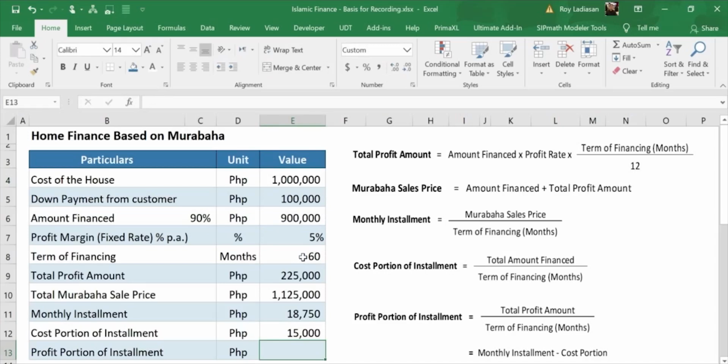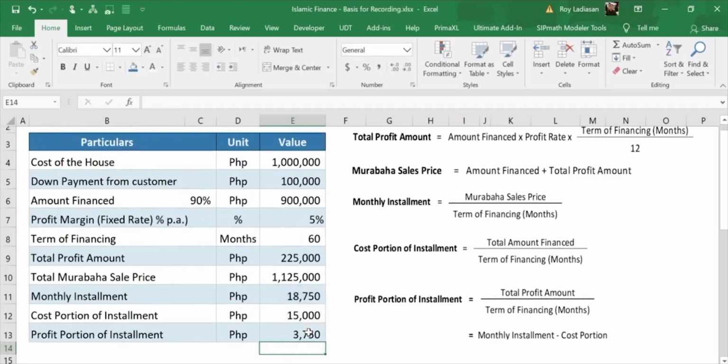And since we already determined the monthly installment, which is actually based on the Murabaha sales price, and the cost portion of it, we can simply determine the profit portion of such installment by getting the difference of 18,750 minus the cost portion.